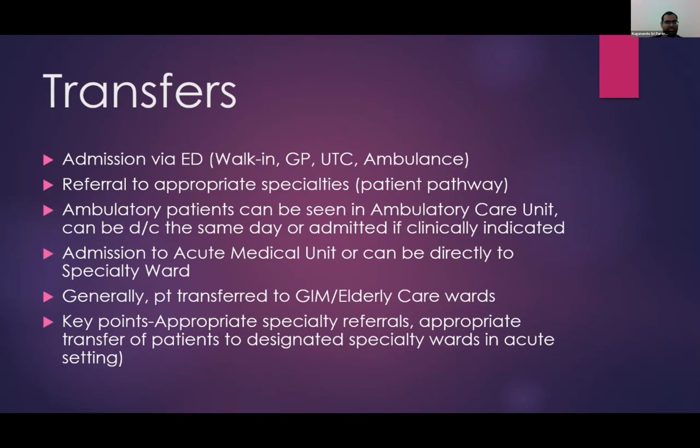So they don't go to the acute medical unit, they go directly to our respiratory ward. Some hospitals, depending on the number of cases, have a designated ward specifically for COVID positive patients, or patients with symptoms of COVID that have an oxygen requirement, just to minimize the risk of transmission.